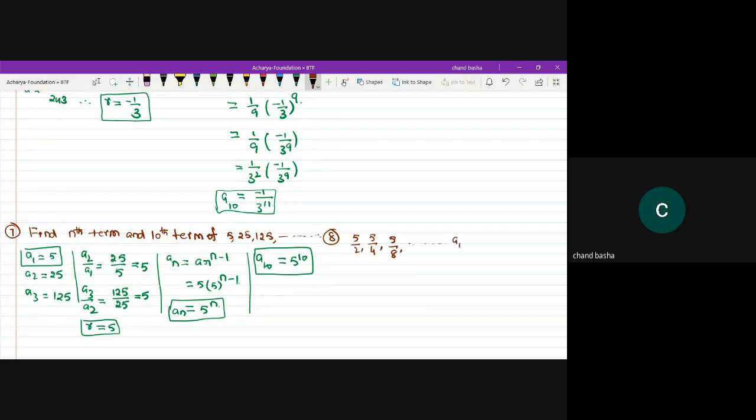Find an and A20. Nine. 2 comma 2 root 2, 4, and so on. These two examples as homework.